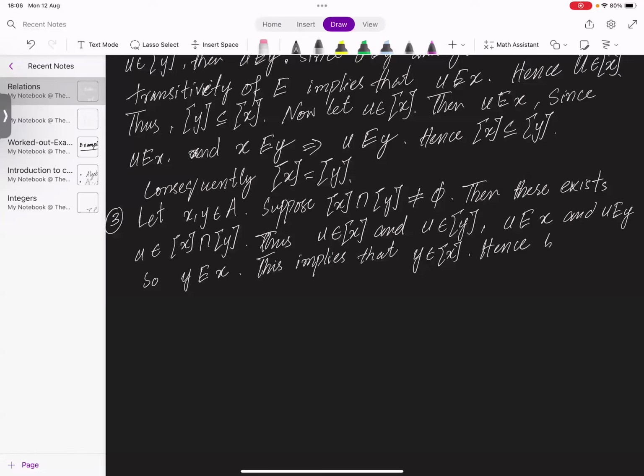Hence, by 2, they have equal equivalence classes.